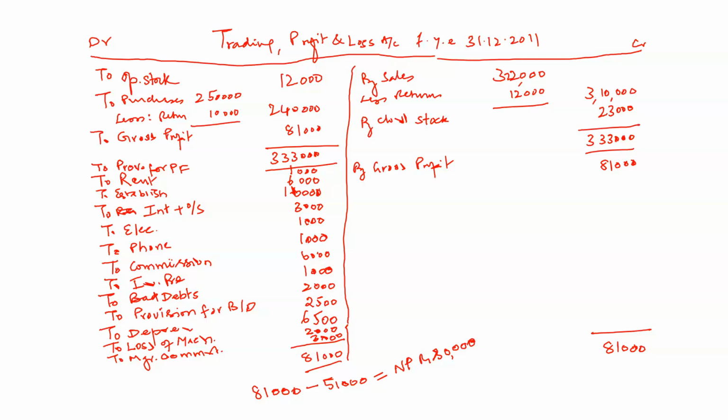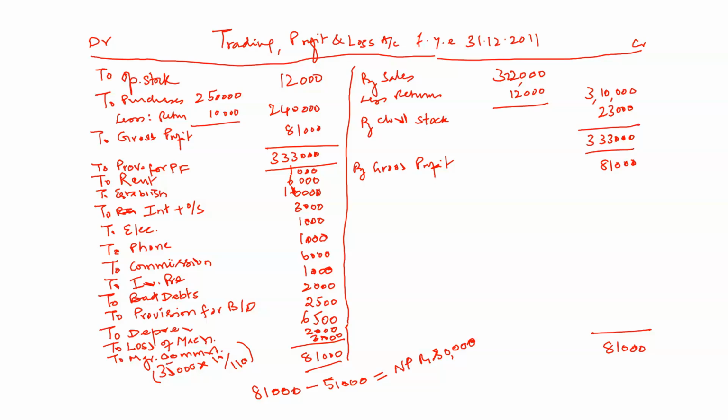Is this calculation clear? I would like to again reinforce the calculation here. Why do we do this? We have arrived at 33,000 as net profit, and on which we did 10 by 110. Why? Because it is given in the question, manager's commission is to be provided at the rate of 10% after charging such commission.